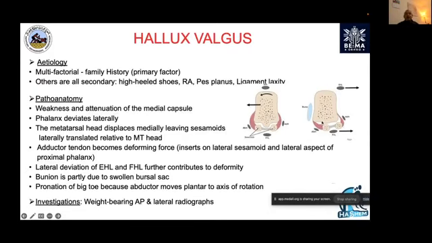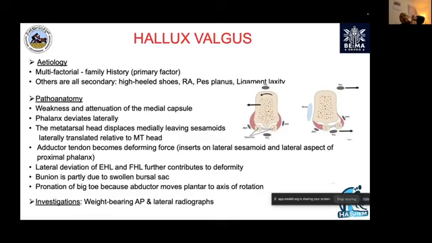So medial capsule attenuation ends with the hallux deviating laterally. The metatarsal head displaces medially against the hallux. If you imagine, this is the hallux valgus. So if the phalanx is going laterally, this means the head is coming medially. With the phalanx going lateral because of attenuation of this medial capsule, this will take the sesamoid with it. The sesamoid is attached to the flexor hallucis brevis, and this will take the sesamoid away.